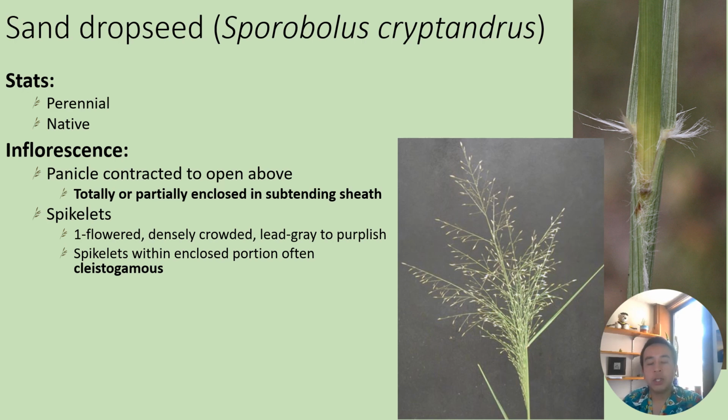Most plants, even though their flowers do include both the pollen bearing and pollen receiving portions, are not cleistogamous, and they can't really produce a seed within a single floret. Whereas sand drop seed is cleistogamous, and with its perfect flowers, it can actually produce a seed within that spikelet and floret.